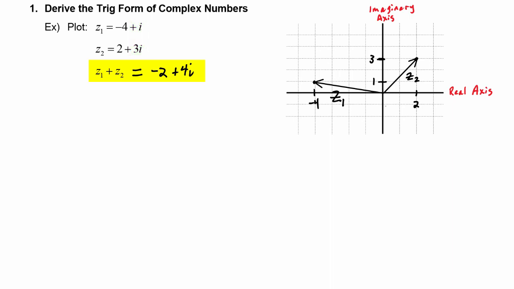So we go to -2 on the real axis, +4 on the imaginary axis, and we draw the vector from the origin to that point, and that is z1 plus z2.